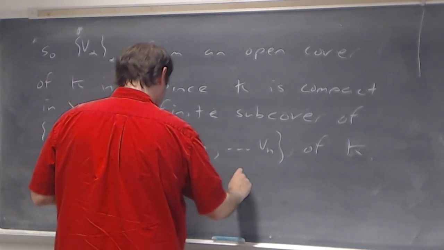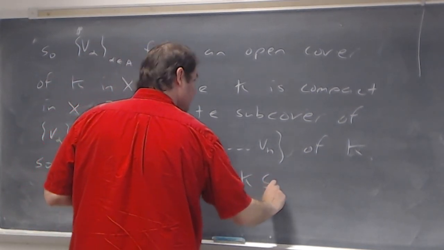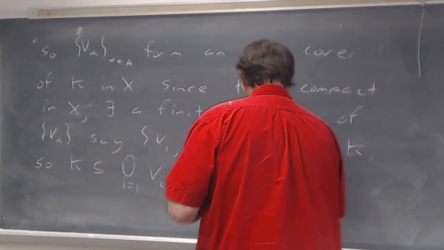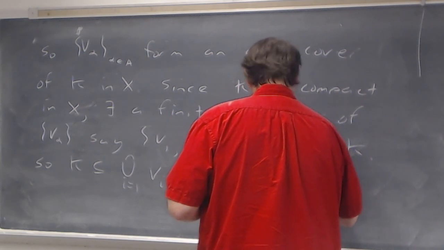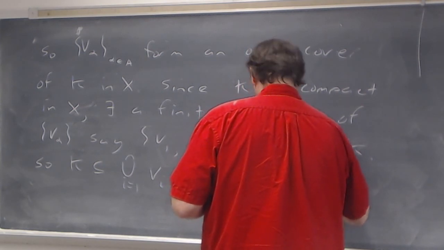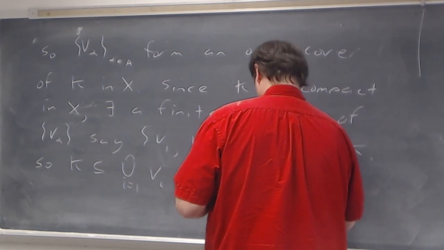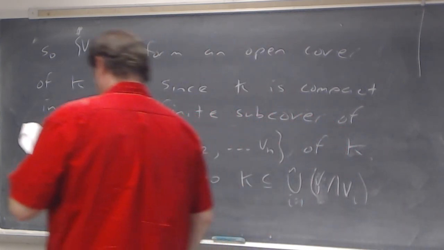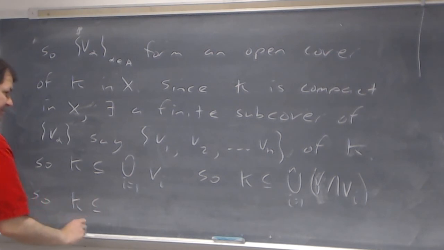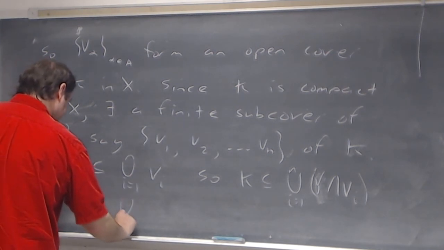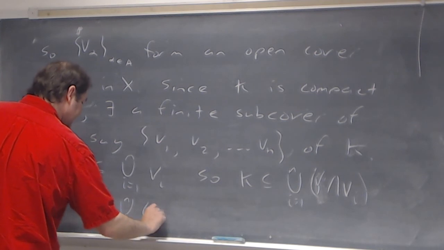So K is going to be a subset of the union as i runs from 1 to n of Y intersected with the V sub i's. And so that means that K is going to be a subset of the union as i runs from 1 to n of the G sub i's.